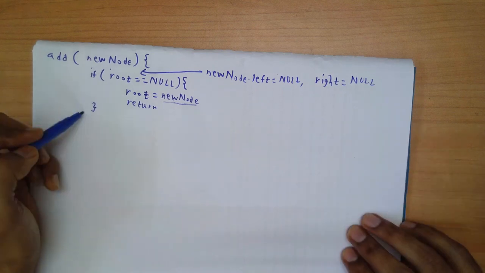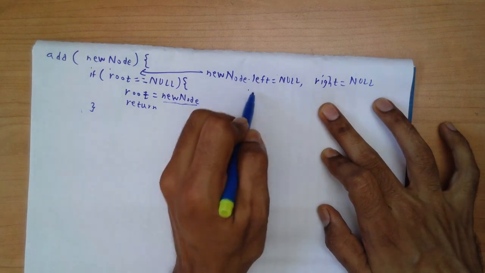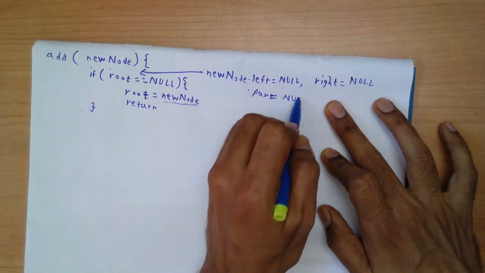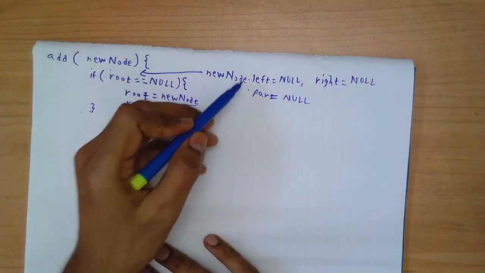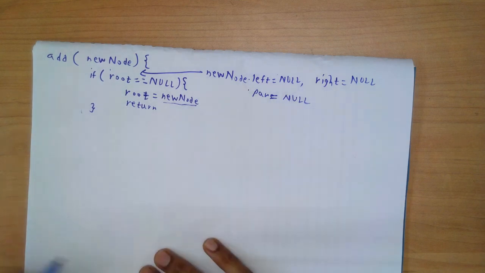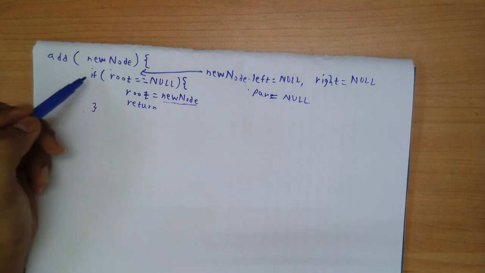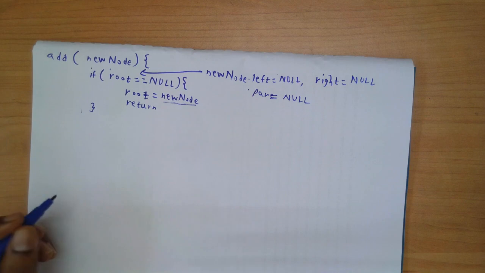If the tree is empty, then we also have to ensure that our new node dot parent is set to null. So when we begin our addition operation, no matter what, we'll first set these three properties, left, right, and parent, all to null, so that the node is in isolation. If the tree is empty, we simply make this new node our root, and then we return.